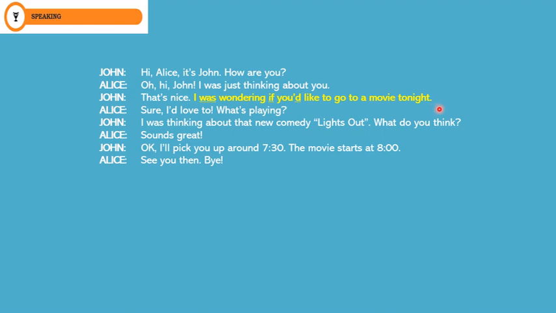This is about John's next plan in the future. Pay attention here. If you'd like to go to a movie tonight, it means they are using a conditional sentence. Usually we put if at the beginning of the sentence.